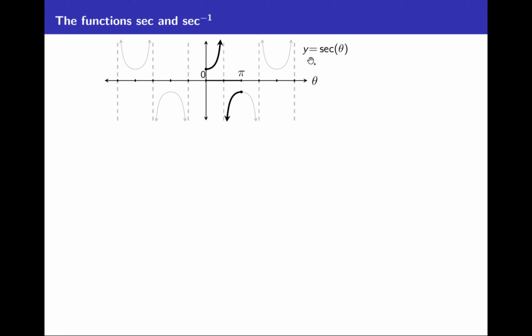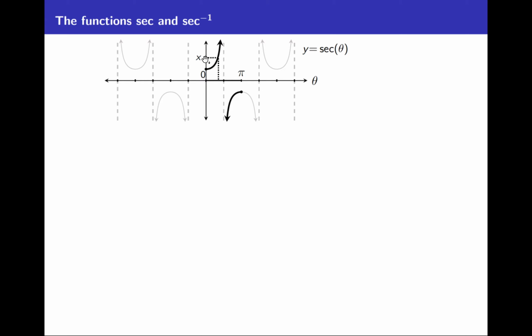So this graph that's secant theta, for theta between 0 and pi, is a one-to-one function. So this function, whose graph is indicated in bold, has an inverse, and that's what we're going to be calling secant inverse. Secant inverse will work this way.